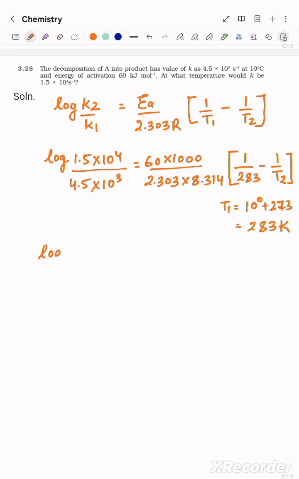This will become log 10 by 3 is equal to 3133.63. Here we take LCM, that will become T2 minus 283 upon 283 T2.